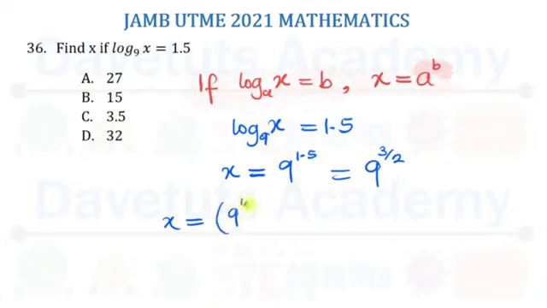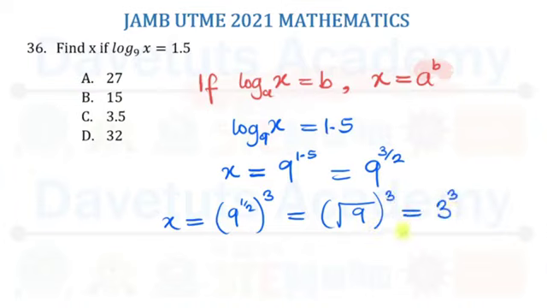This will be 9 raised to power 1 over 2, then raised to power 3. 9 raised to power 1 over 2 is the square root of 9, which is 3, so we have 3 raised to power 3, which is 27. So our answer here is option A, that the value of x is 27.